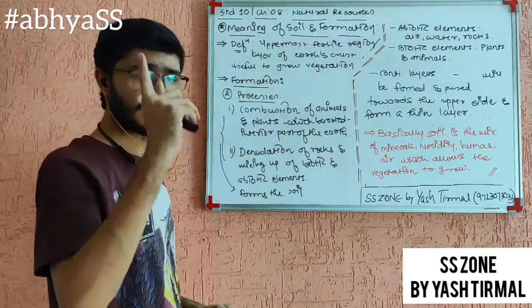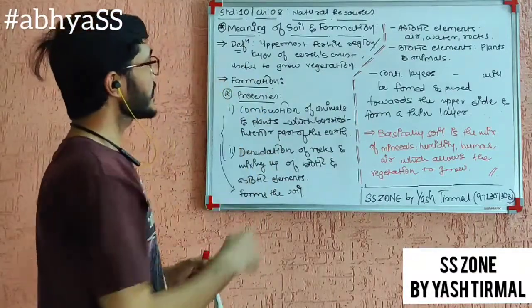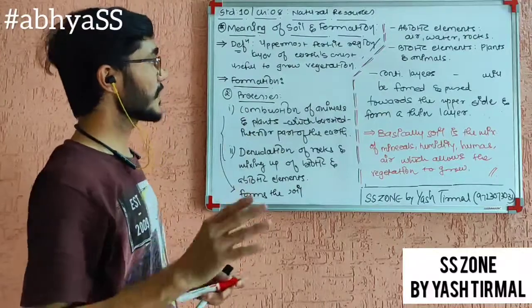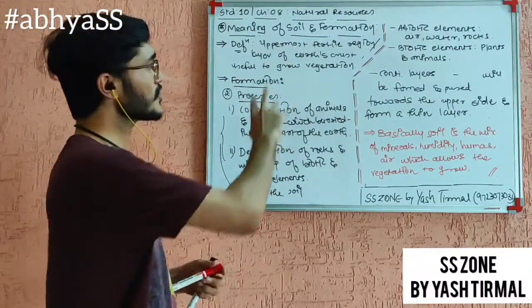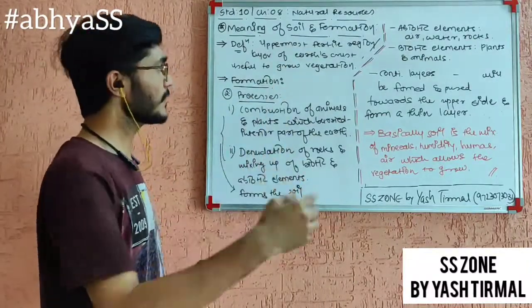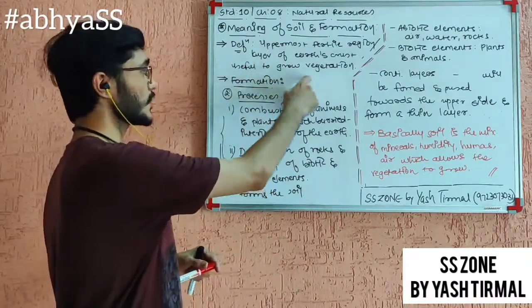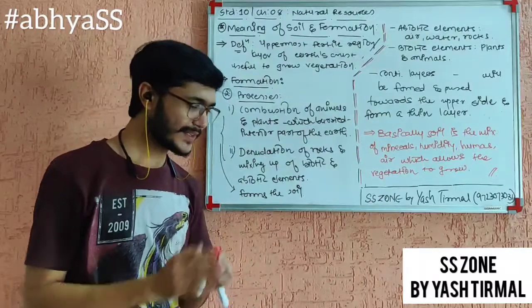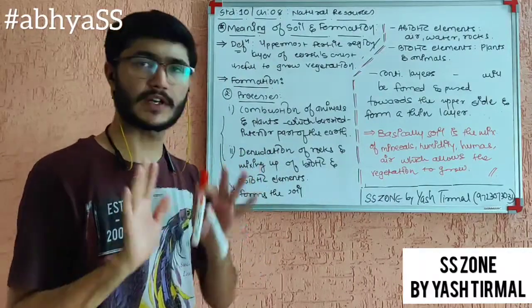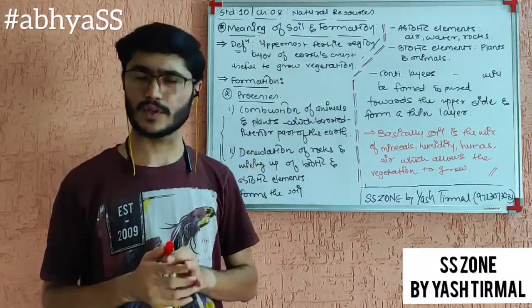According to the textbook, soil is the uppermost fertile layer of the earth or the earth crust, which is useful to grow the vegetation. That is the simple definition given in your syllabus, and we will follow that only.